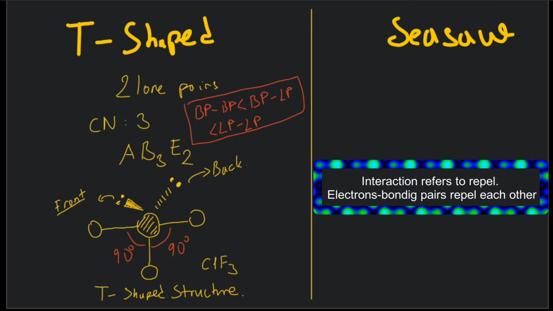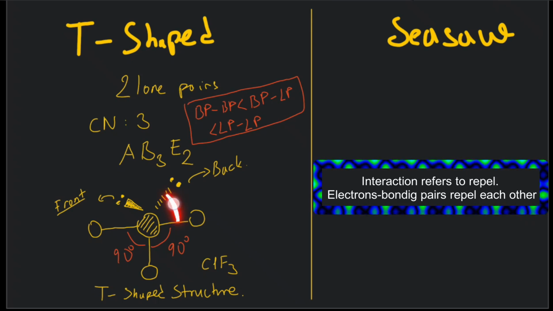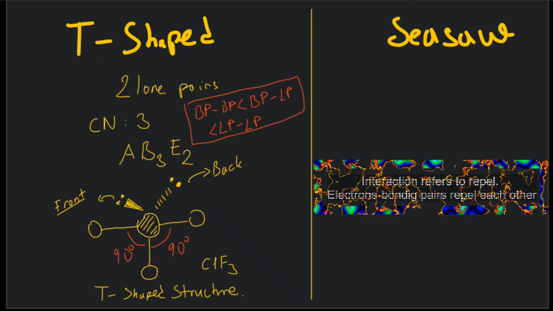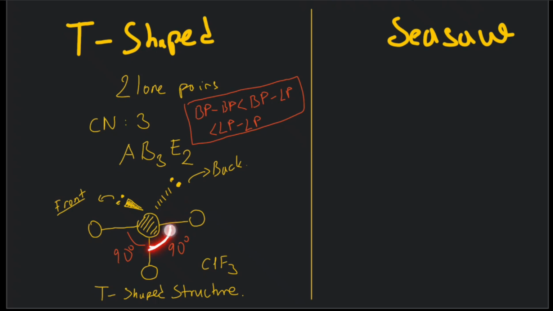So here we have a lone pair bonding pair interaction, and this interaction is stronger than this interaction. Therefore, the angle from these two atoms should be less than 90 degrees. Okay, it should be less than 90 degrees, and this is also less than 90 degrees.